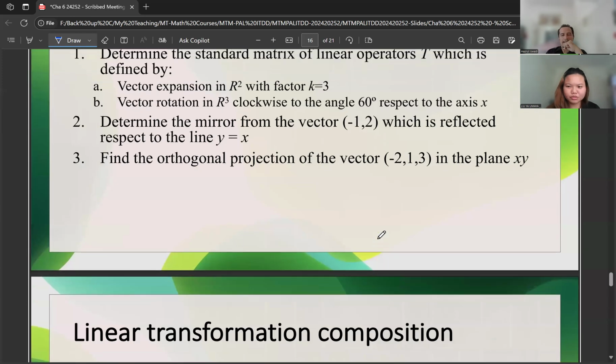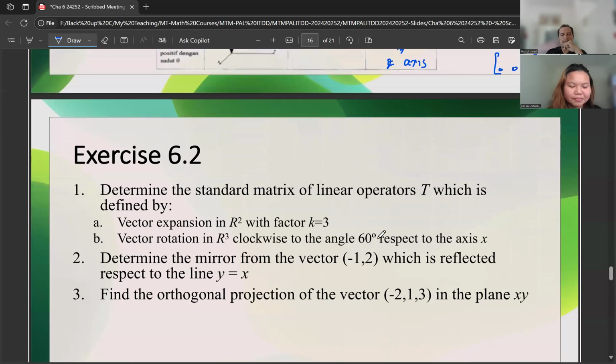Okay, let's master how to determine the standard matrix of the linear operators, and also some operators in this exercise. Now, what we have here is an expansion.